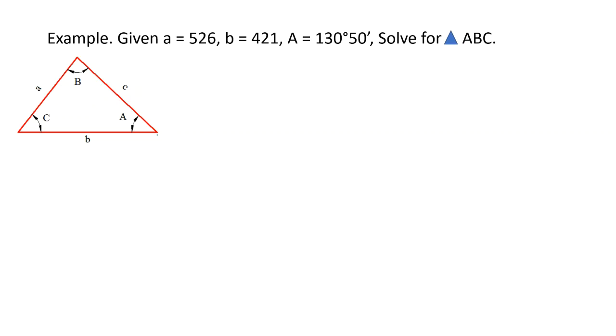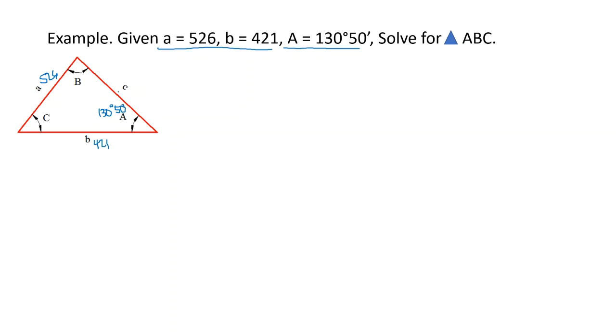Next, another case. This is given two angles and an opposite angle of either of them. So we have A is equivalent to 526, B is equivalent to 421, and angle A is equivalent to 130 degrees 50 minutes.